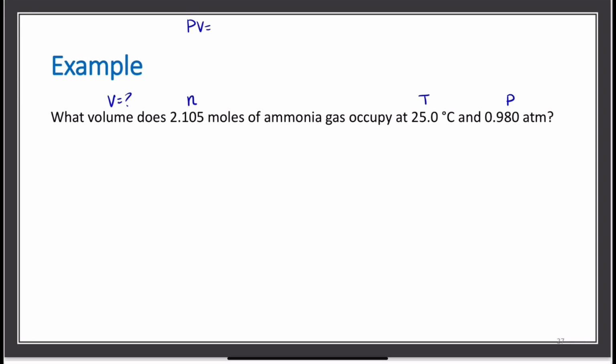So PV equals nRT. My pressure, 0.980 atmosphere. My volume, what I'm trying to find. Number of moles, 2.105.